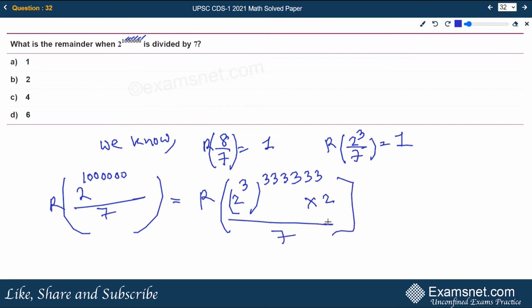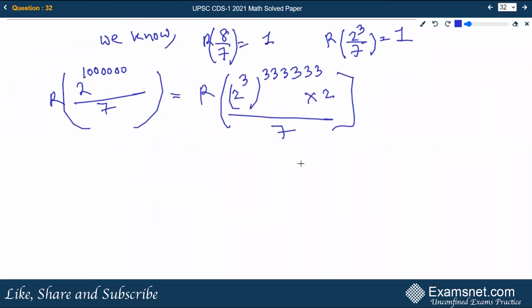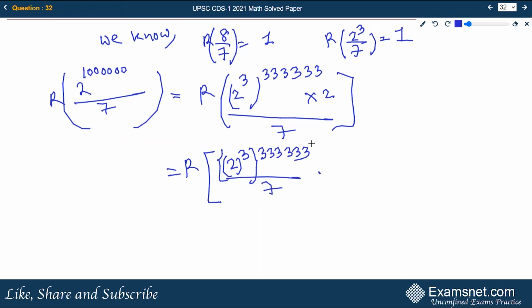I can represent it this way. So it will be the remainder of 2 cubed divided by 7, multiplied by the remainder of 2 divided by 7.